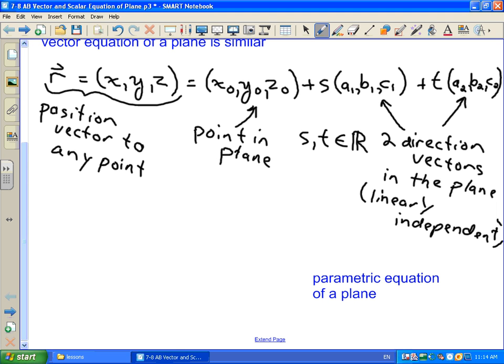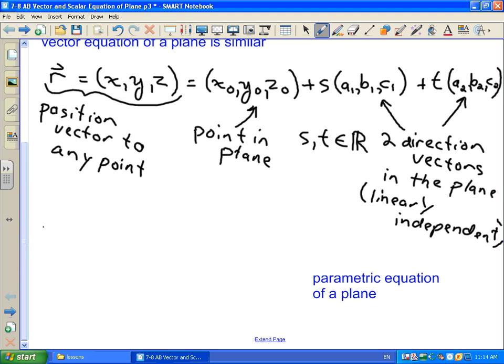Now, once we have the vector equation of a plane, getting to the parametric equation is pretty much the same as what we did to get the parametric equation of the line. For a line, we just broke it up into our x and our y components, or if we were in 3 dimensions, our x, y, and z components. Same thing here.